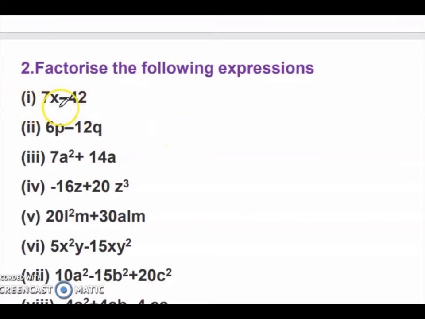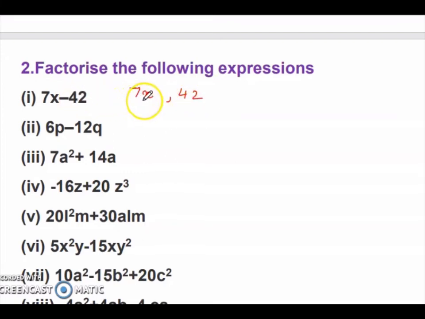So for example, the first one, it is 7x minus 42. So there are two terms here. It is a binomial. Now the two terms are 7x and 42. So if you try to find out the common factors over here, clearly 7 is the common factor for both, because 42 is also a multiple of 7.